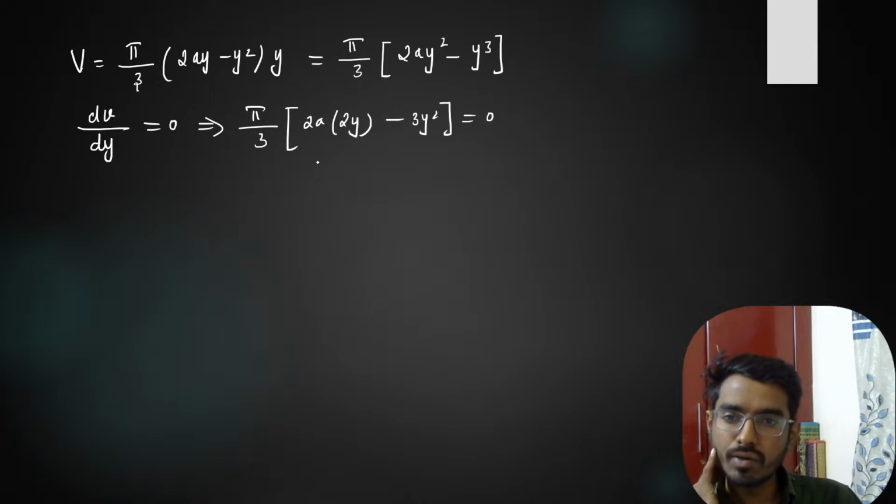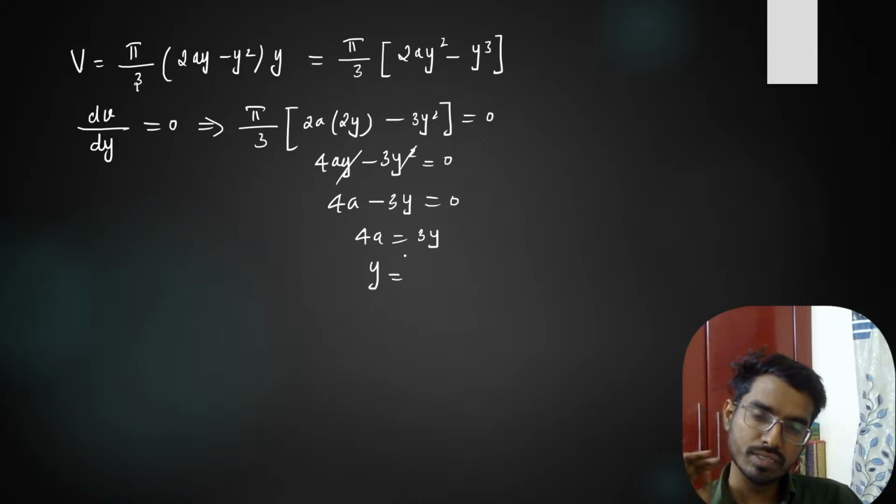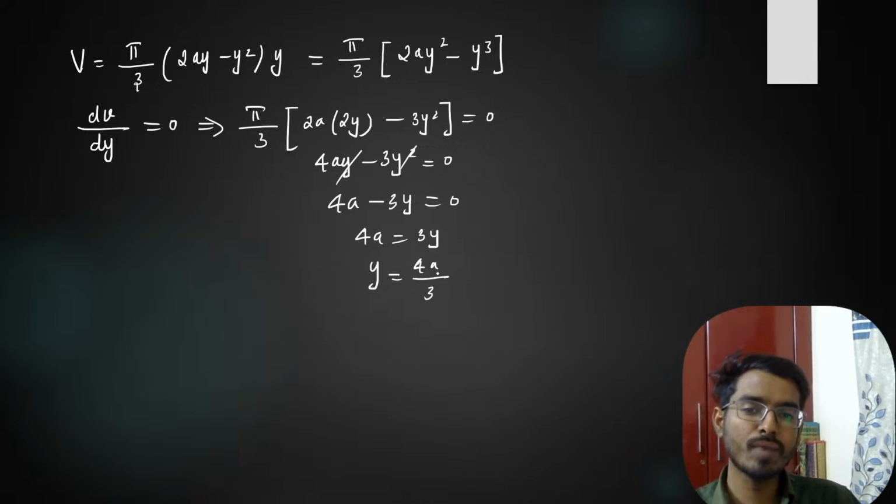Pi by 3 is not equal to 0, so 4ay minus 3y square is equal to 0. We can cancel one y because y is not equal to 0. So 4a minus 3y is equal to 0, so 4a is equal to 3y. So when y is equal to 4a by 3, it will have a maximum value.